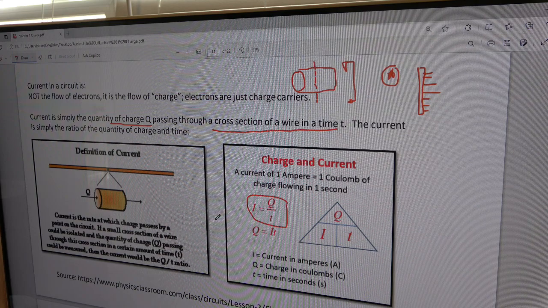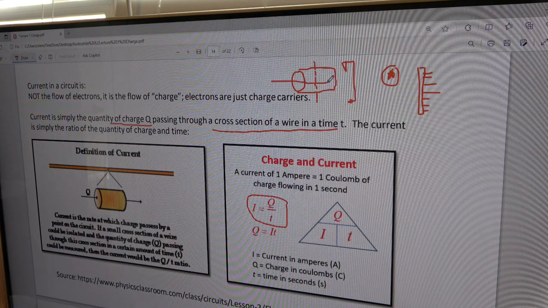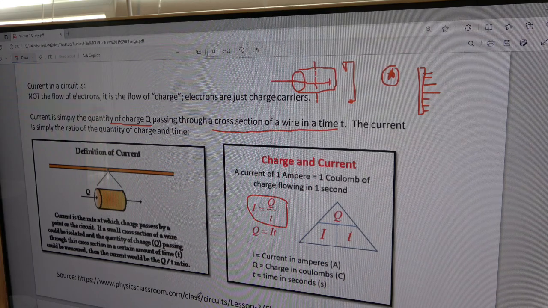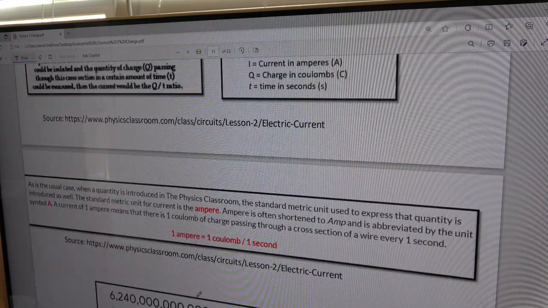The electrons are just charge carriers, but electrons don't just travel in a straight line. And this is where it gets weird. This is why I say a current is not necessarily the flow of electrons. It's the flow of charge. I'm going to explain that.